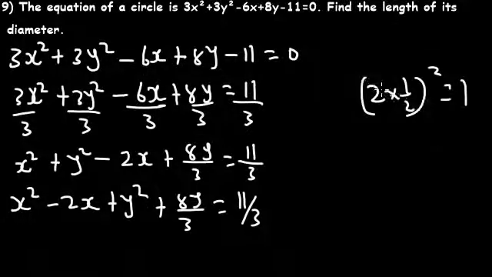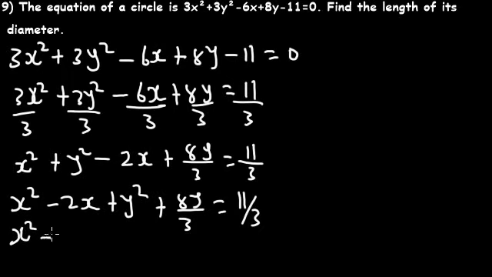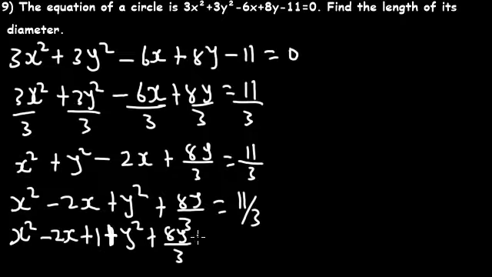This will give us 1, and 1 squared is still 1. So we are adding 1 to both sides. So therefore we have x squared minus 2x plus 1 plus y squared, this is plus, be careful, plus 8y over 3, equals 11 over 3 plus 1.